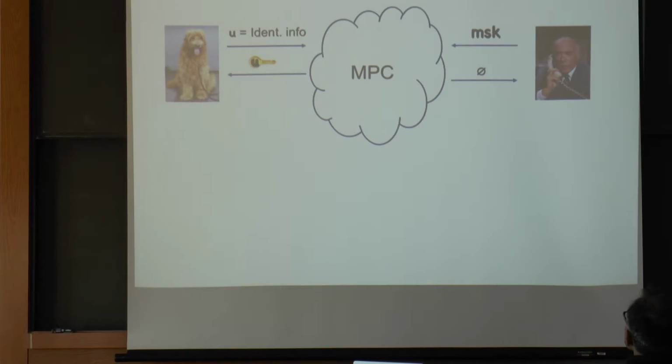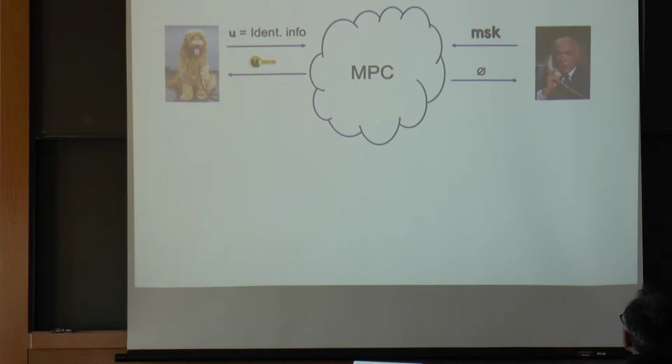Here is an example if we wanted to ensure anonymity. The user has to produce his identifying information at some point, and he wants to get his secret key with that information embedded. The content distributor or the spy agency is keeping the master secret key around, but maybe we don't want them to learn the user's identity.